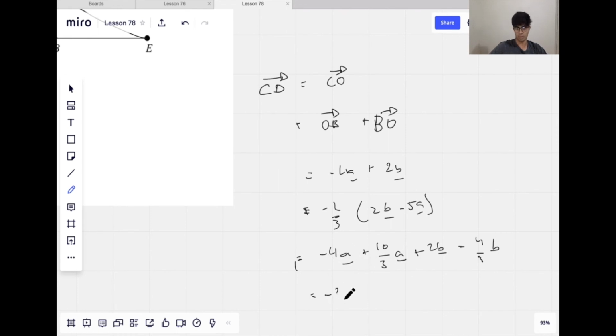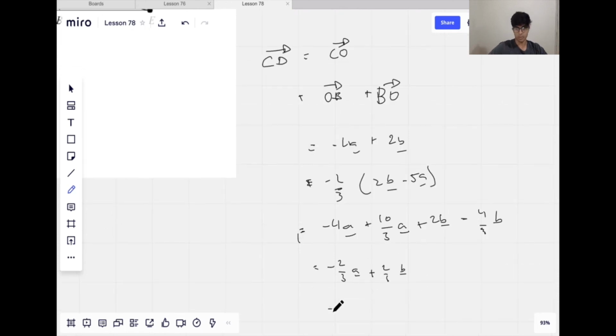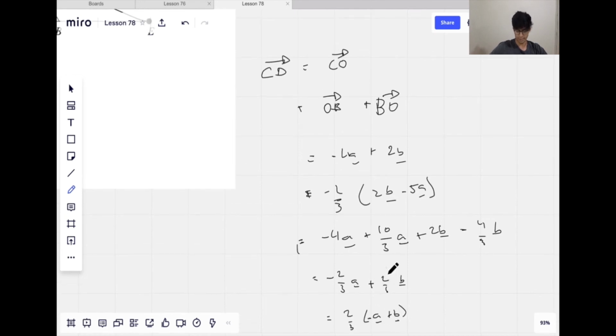That becomes minus 2/3 A, plus 2 minus 4/3, which is plus 2/3 B. That becomes 2/3 of minus A plus B. That's what C to D is.